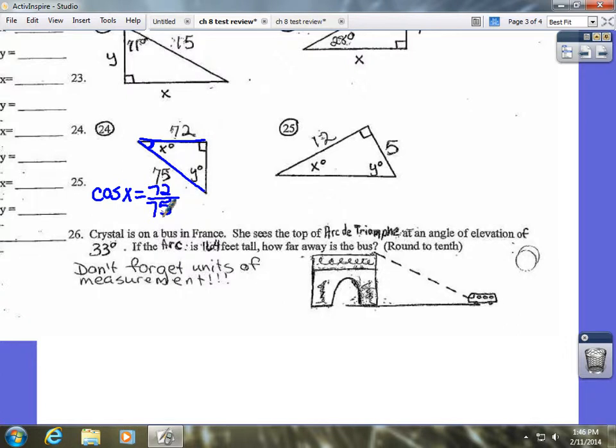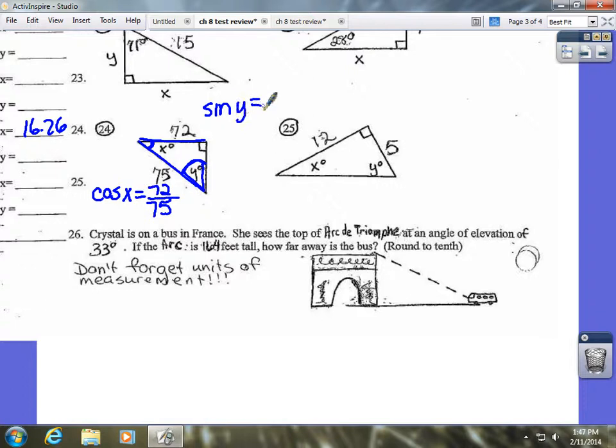16.26. Okay, and now I want angle y. Let's see, I have the opposite and the hypotenuse, so I'm going to use the sine of y equals 72 over 75.